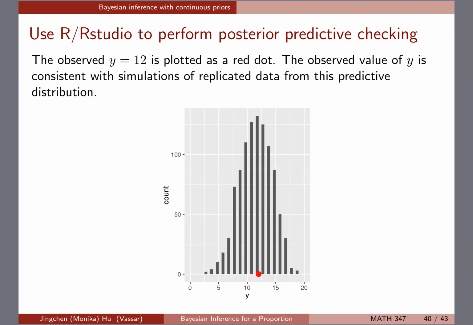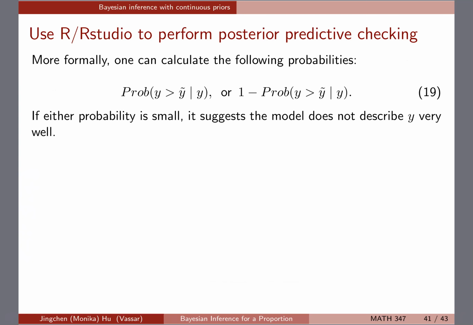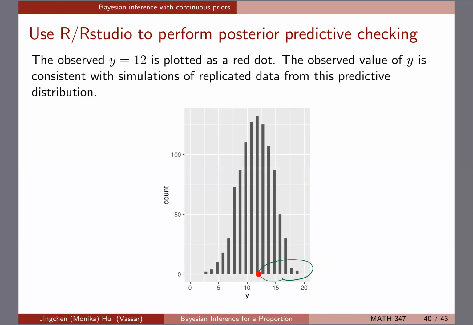More formally, you can provide either or both of these probabilities. This is the probability that the observed is larger than the predicted, or 1 minus that. So I'm returning the probability from the red dot, the probability of either this part or this part. If either of these numbers is small, that means something is not good.